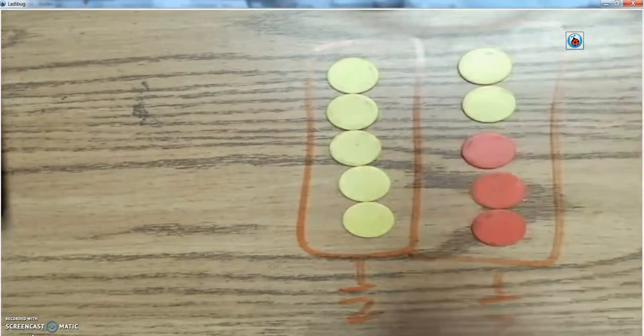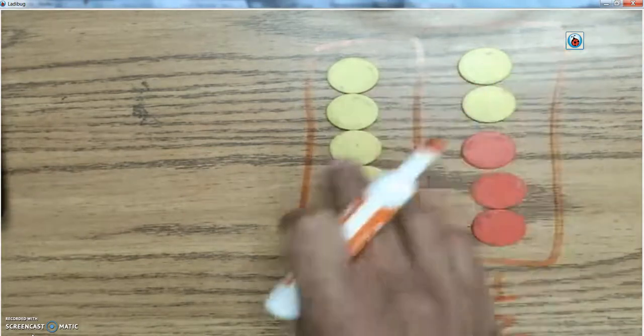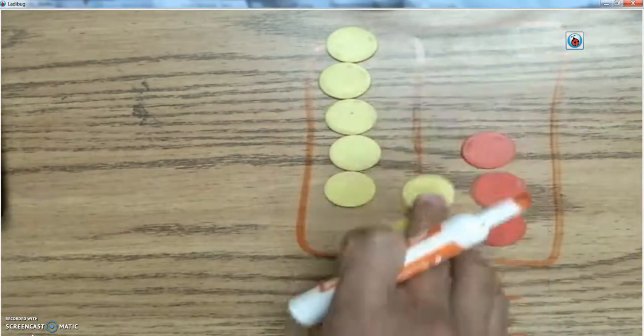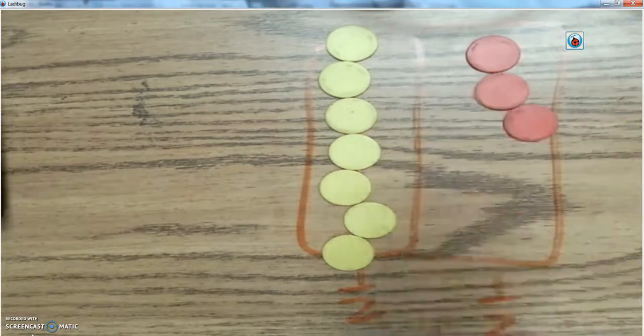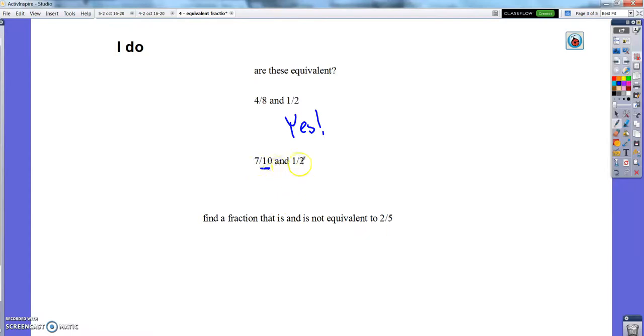But with these, there's no way I can set them up in a way that looks like a half. Even if I try to put all my yellow on one side, it's not even. My two parts are not even. It doesn't look like a half. So there's no way I can look at those pieces and say that 7/10 and 1/2 are equivalent.